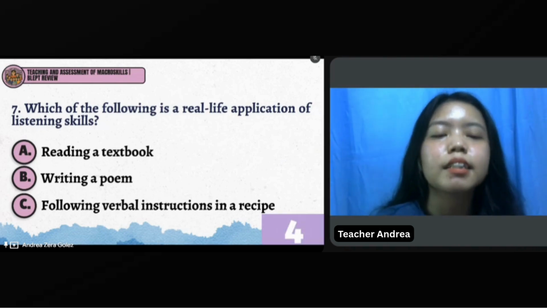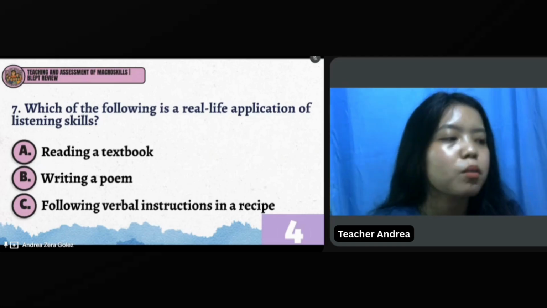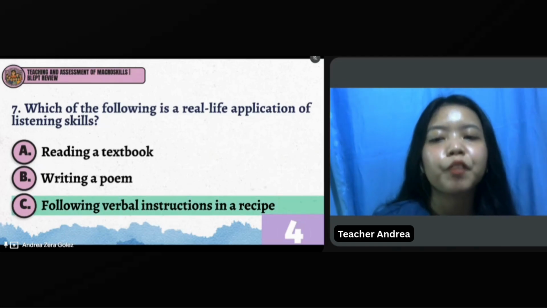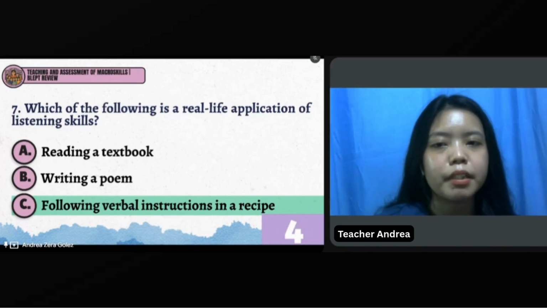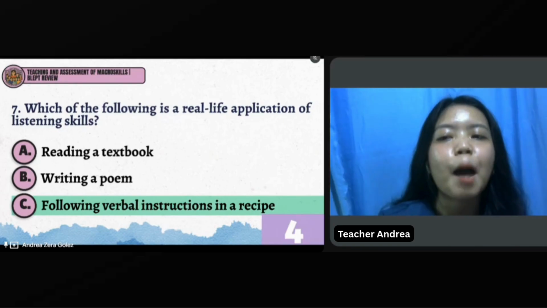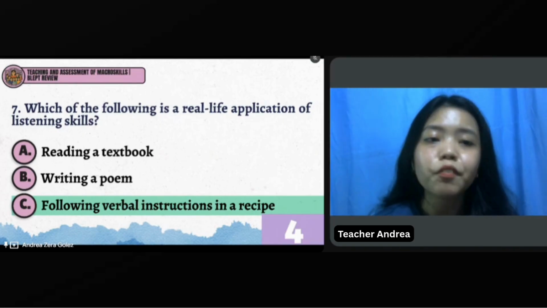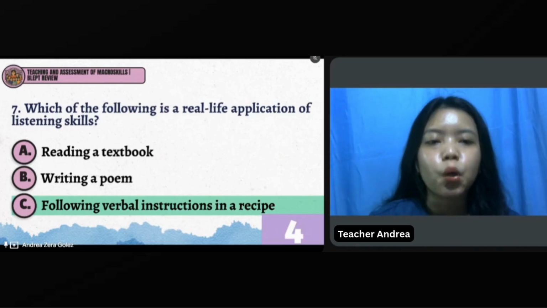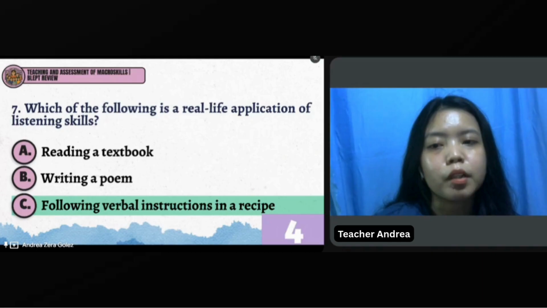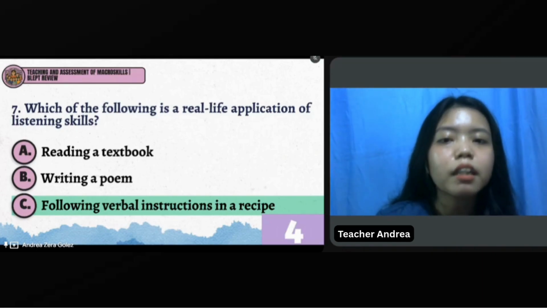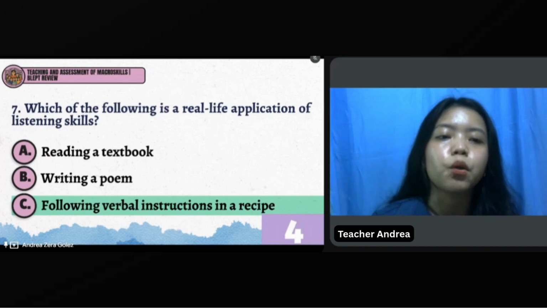Alright, now let's see if your answer is correct. So the answer for this one is following verbal instructions in a recipe, in which the real-life application is through the use of listening. The two other choices are not applicable because reading a textbook is through the use of your reading skill, and writing a poem uses your writing skills.